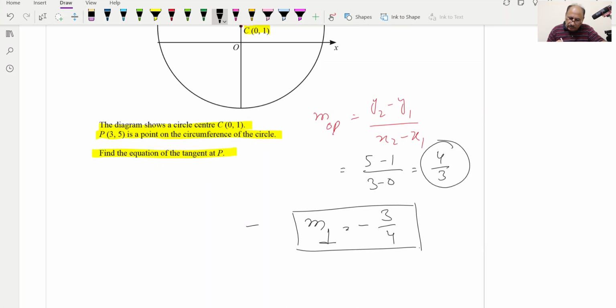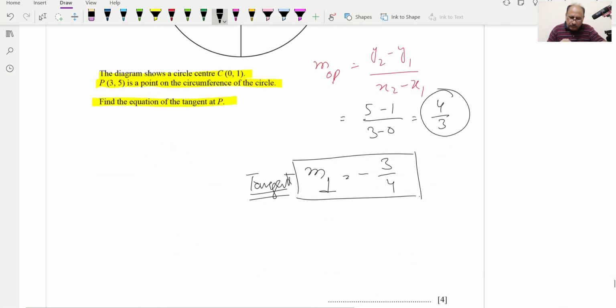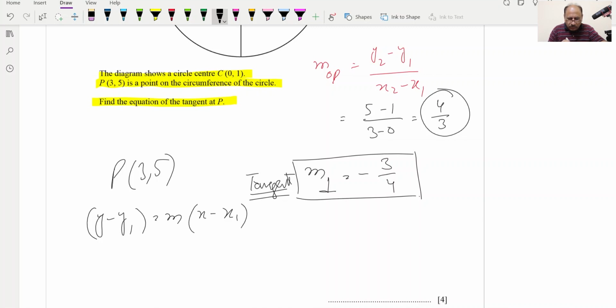So we can write tangent over here, and next is what? Now we can use this point P also, which is 3 and 5. So P point will be 3 and 5, and we can write equation of line in point slope form. So y minus y1 will be equal to m into x minus x1.